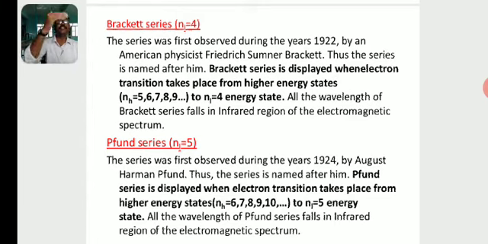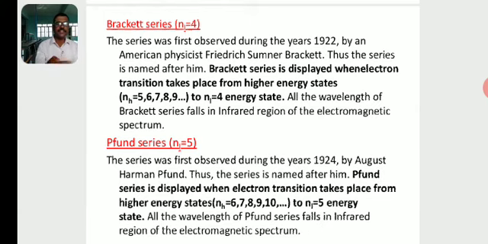That means from fifth state to fourth state, sixth state to fourth state, seventh state to fourth state, like that. If electrons transit from higher energy orbit to the fourth orbit, then the spectral lines which are obtained are known as Brackett series.